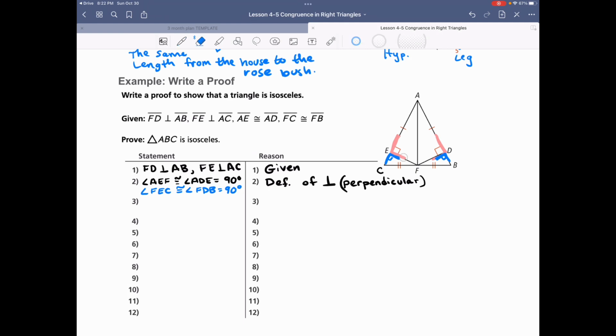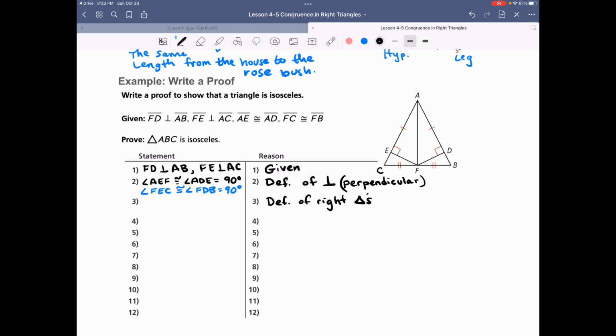Okay, I'm going to erase that now because we have that. And we're going to move on to the next part. We have 1, 2, 3, 4 triangles. All of those triangles are right triangles. And that's going to help us with some more information. So the definition of right triangles. And so what triangles are they?